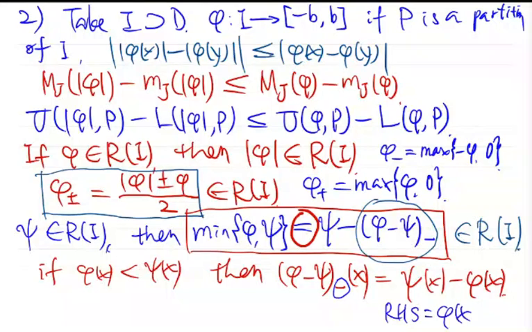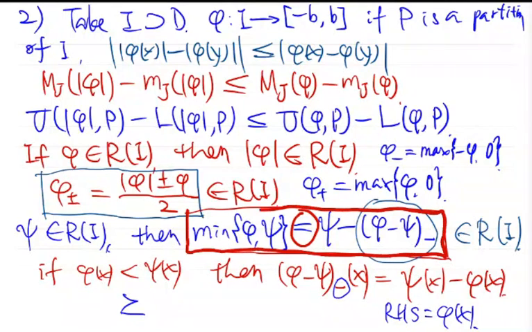This is phi x. But the left hand side, the minimum of phi x and psi x, is also phi x. In a similar manner, you can prove that if phi x is not less than psi x, the equality is also true. Therefore, this equality is true. So we have proved this equality.